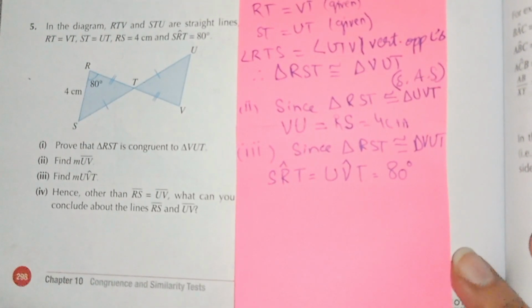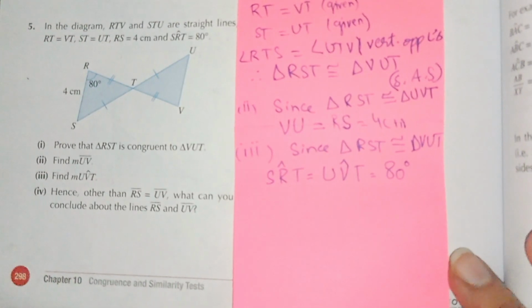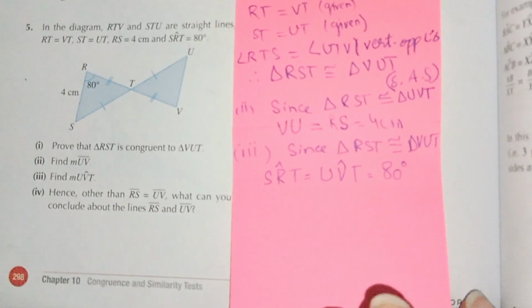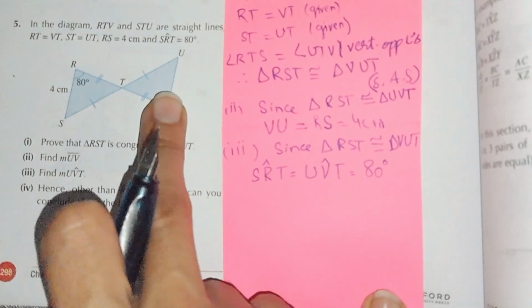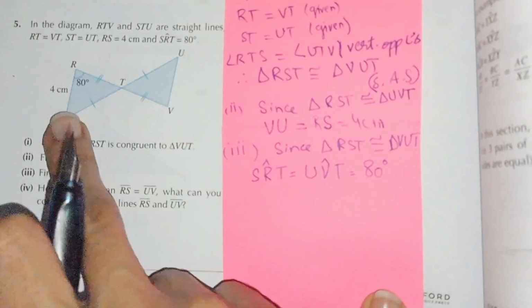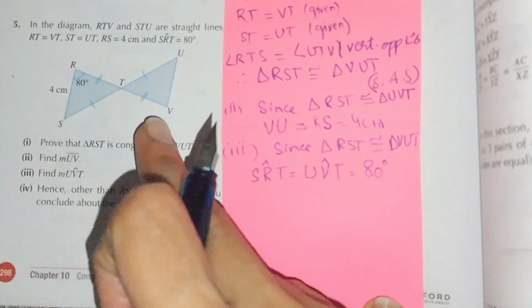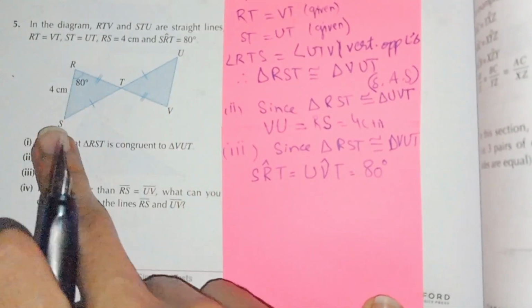Now part number 4, other than RS and UV being equal, what can you conclude about the lines RS and UV? When you see these lines, what you conclude is that these are equal lines, and these are parallel to each other.